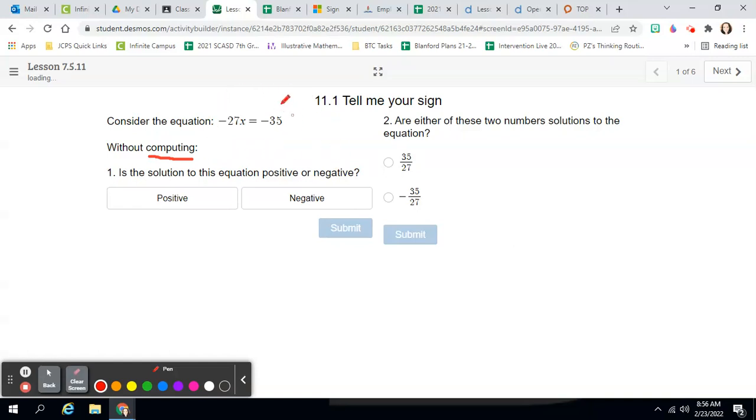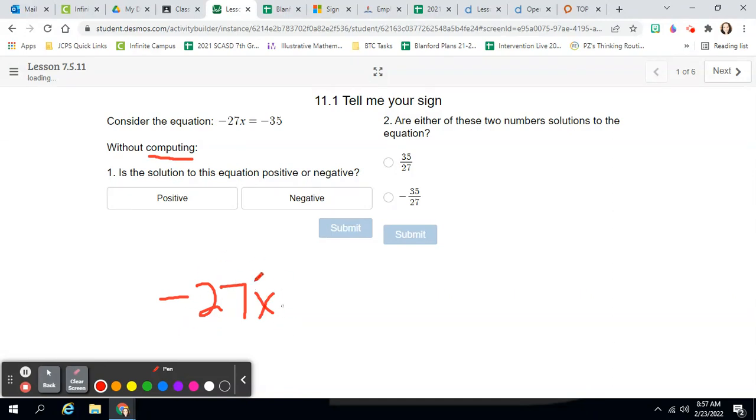So the first thing we have to understand here is that negative 27x simply means that we have 27 negative x's.